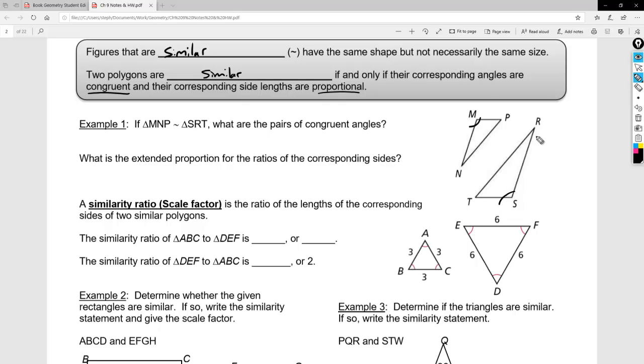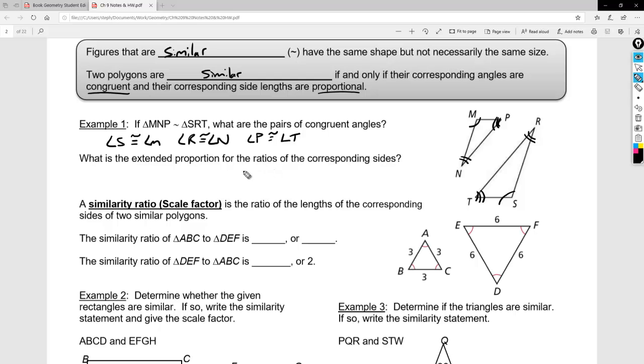I see that R is up here, so that means N, and then T and P will also be congruent. So let's write that out. Angle S is congruent to angle M. Angle R is congruent to angle N. And angle P is congruent to angle T.